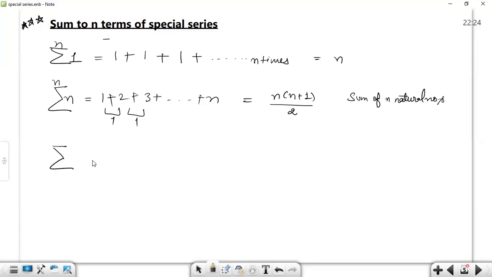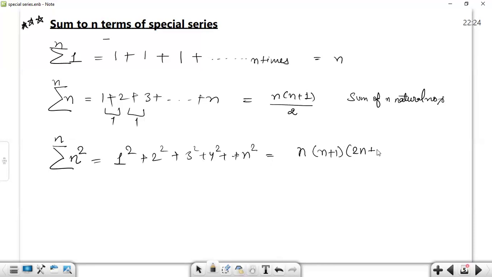Now let's find the sum of the squares of the first n natural numbers. It can be represented as the sigma of n squared. Similarly, this can be found as n into n plus 1 into 2n plus 1 divided by 6.